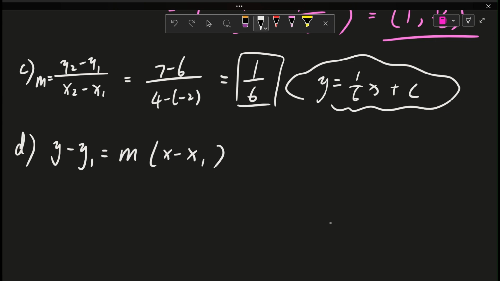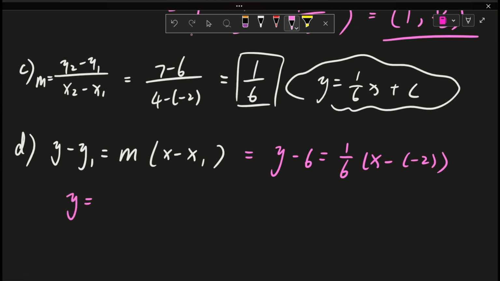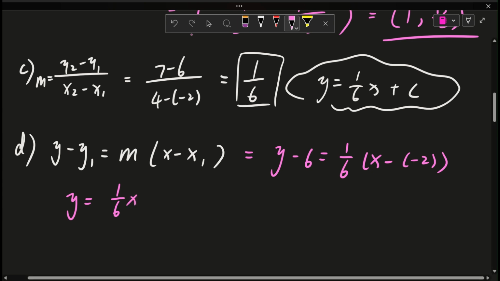We know (x1, y1) is (-2, 6), so y minus 6 equals 1 over 6 times (x plus 2). So y equals 1 over 6 x plus 1 over 3 plus 6.